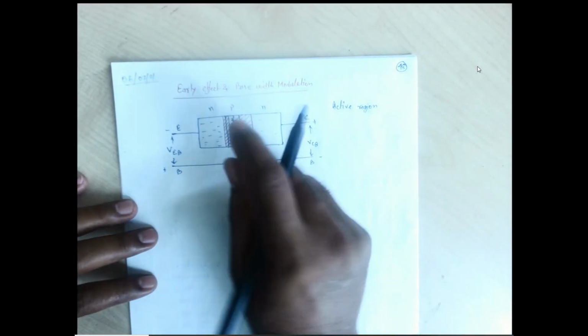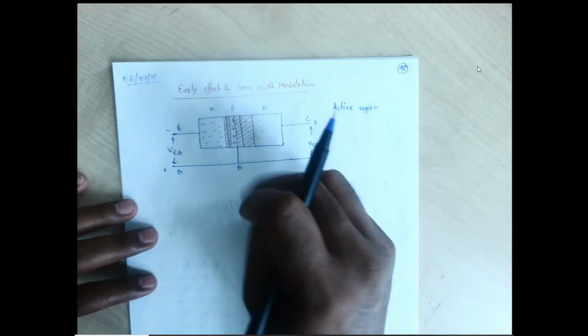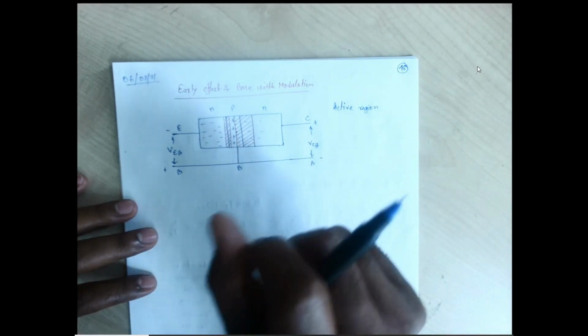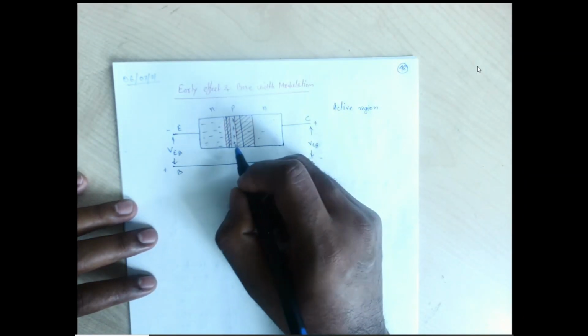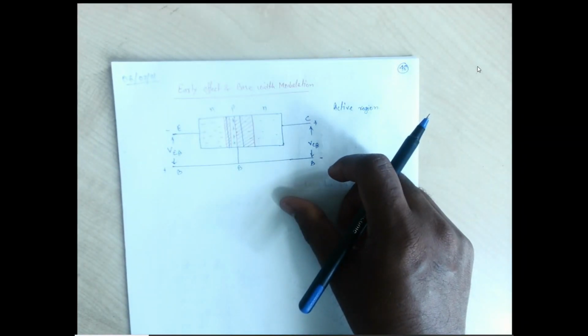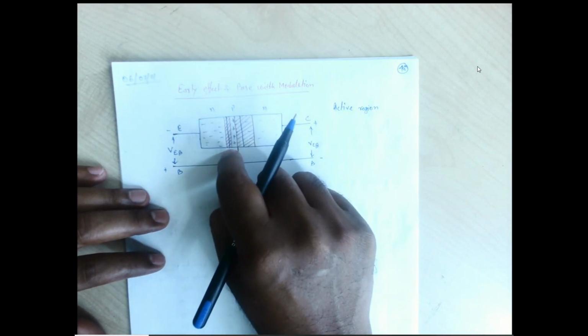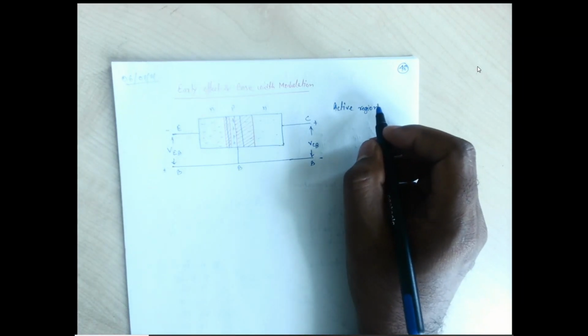If we consider the width of the base, this penetration will be even more in the base region. So the effective width now becomes very small in the base, because it has less doping, as well as the width is very small compared to the other two regions. Of the collector base depletion region and the emitter base depletion region, the collector side has the higher penetration.